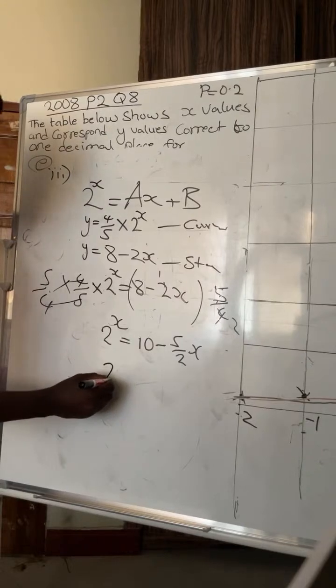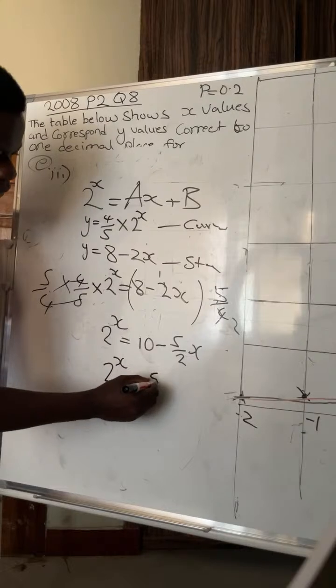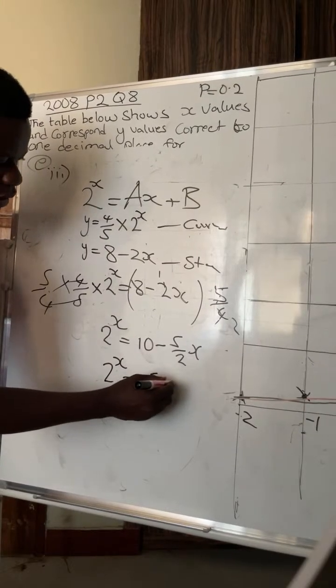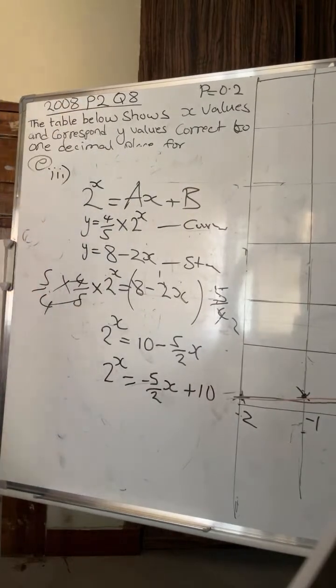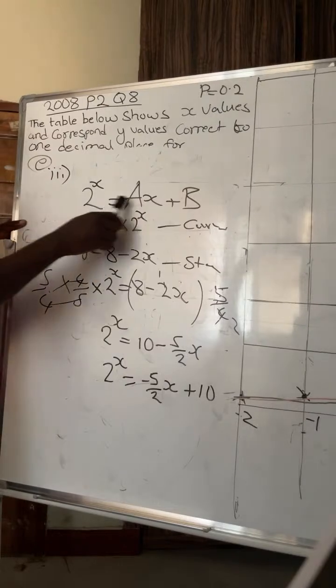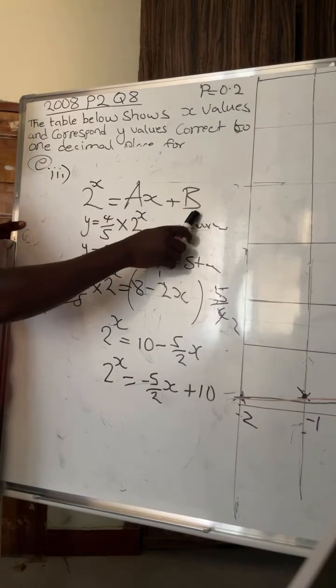So 2 to the power x equals negative 5 over 2 x plus 10. We want to find the value of a and b.